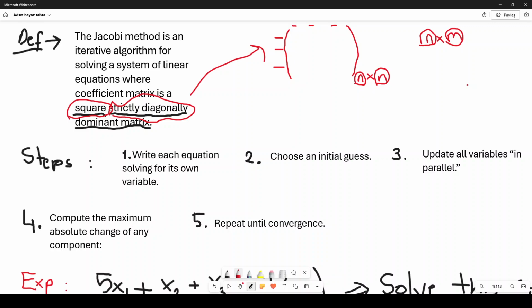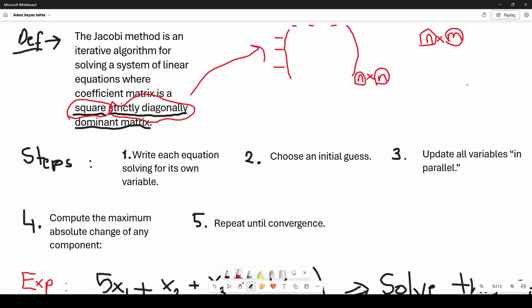And an infinite number of solutions doesn't work for the Jacobi method either. Why is that? Because suppose we have infinitely many solutions, but we try to converge to one exact solution. How could that happen? Unless we have only a single point as the solution set, we will not be able to converge to that exact value at all.